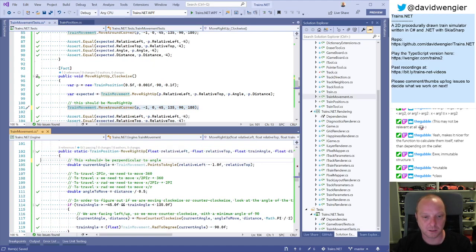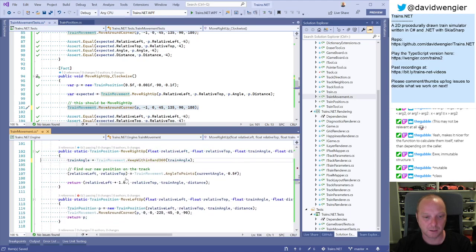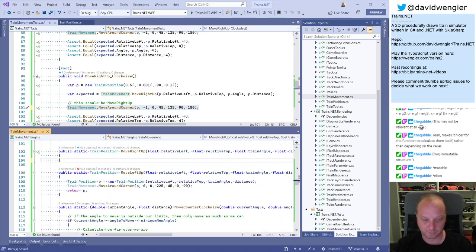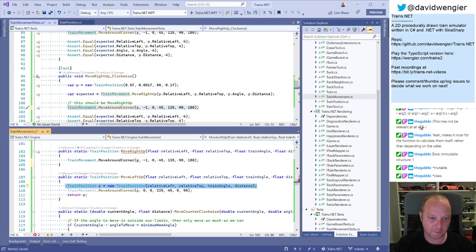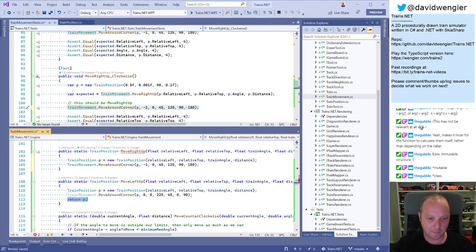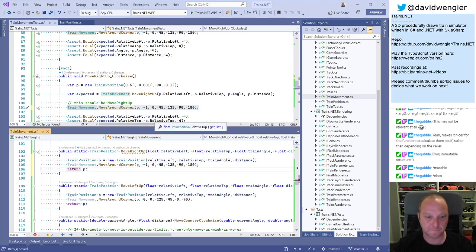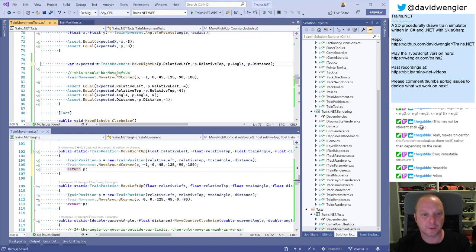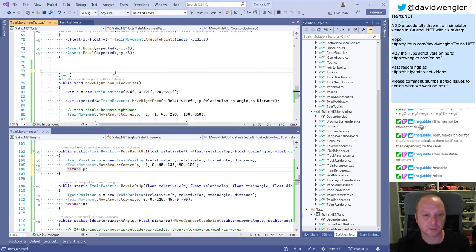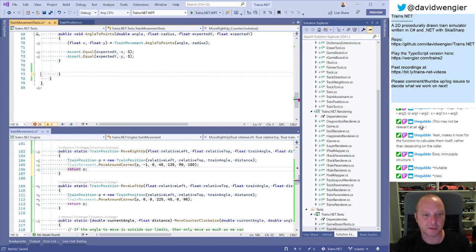Easy does it. Okay, I can delete these tests now because they're useless. Because all they do is call the same method twice and verify that it does the same thing twice.